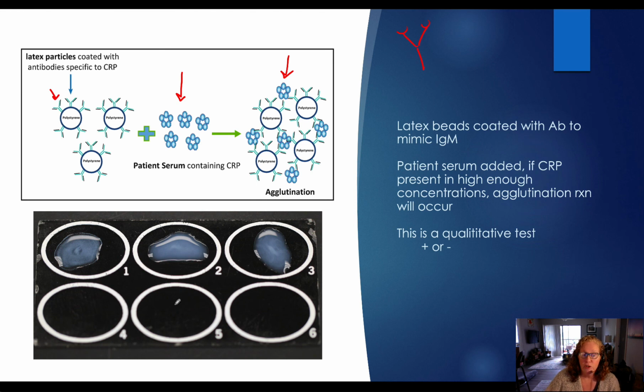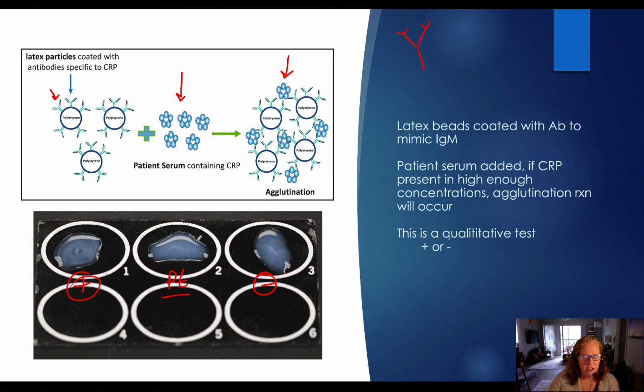Below is a result from a CRP test. Here in the middle is our patient sample. On the right is a negative control, and on the left is a positive control. In this particular test, we always put our patient sample in the middle so we can compare it to our two controls. You can see the patient sample is very milky.